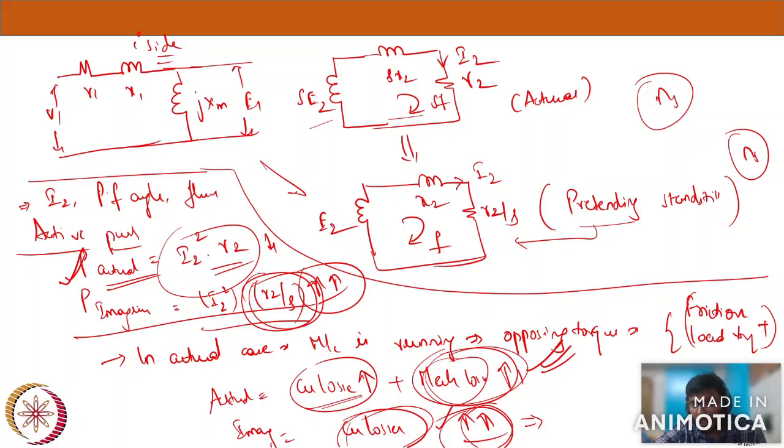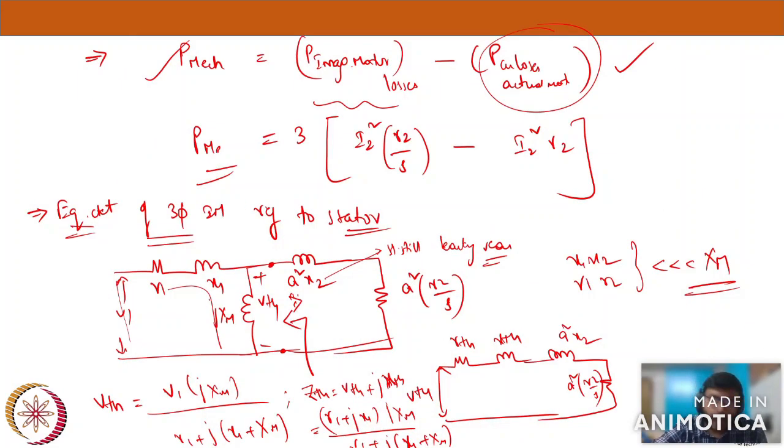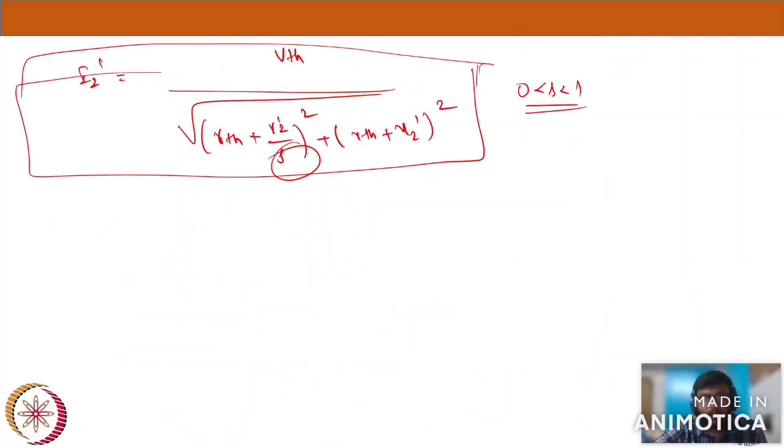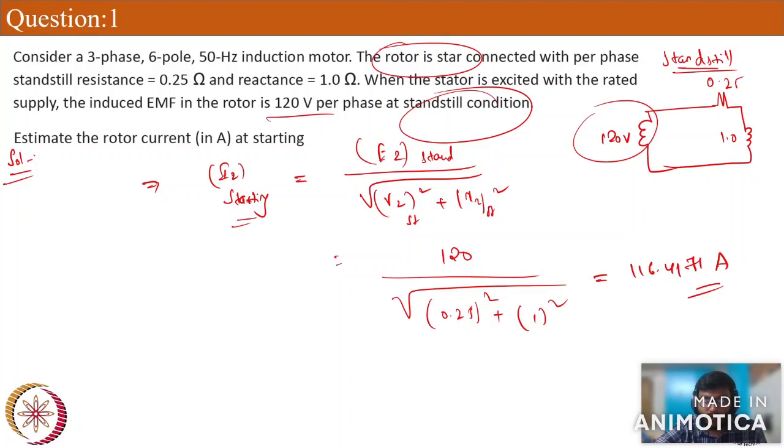That is taken care of by the R2 by S component in the imaginary circuit. Then we looked at the final three-phase equivalent circuit, and combined the parallel branch with the series path using the Thevenin circuit. Then we started solving the problems for today.